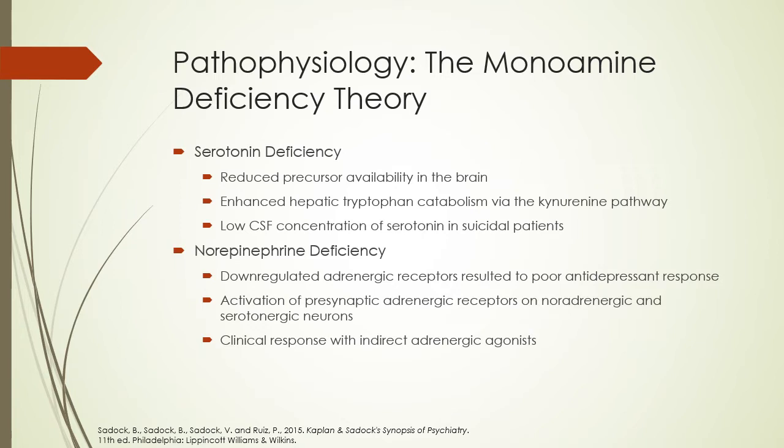There is enhanced hepatic tryptophan catabolism via the kynurenine pathway. So, tryptophan is the precursor for serotonin and it has to enter the brain.